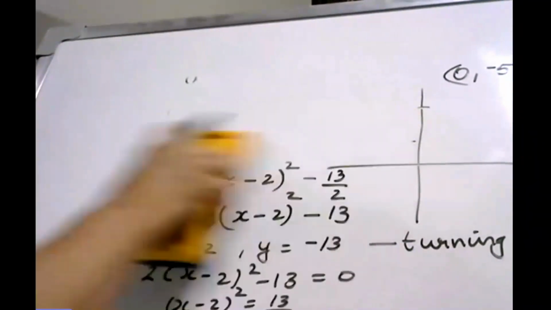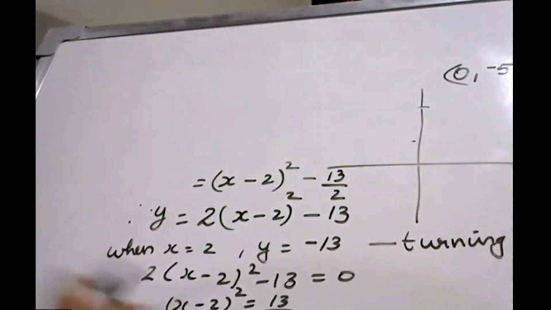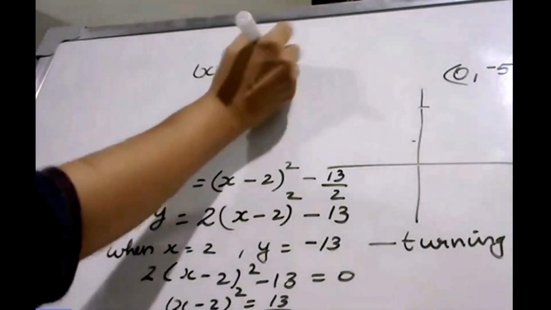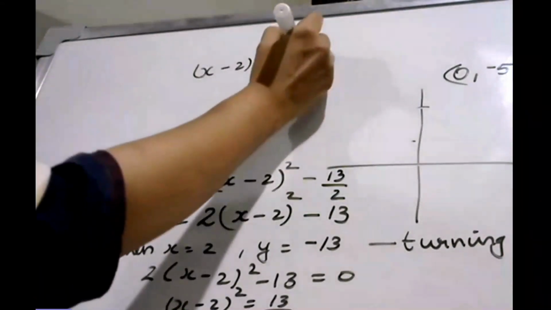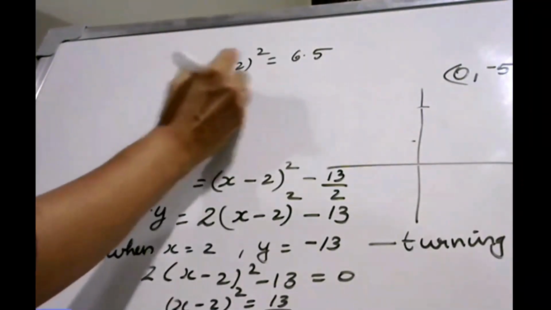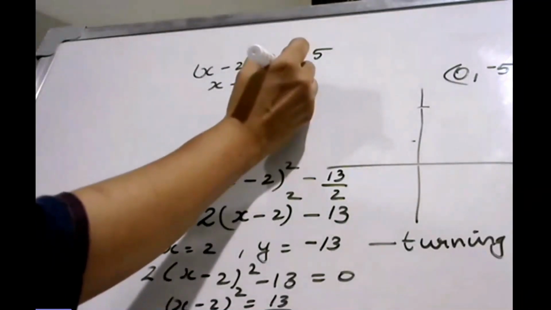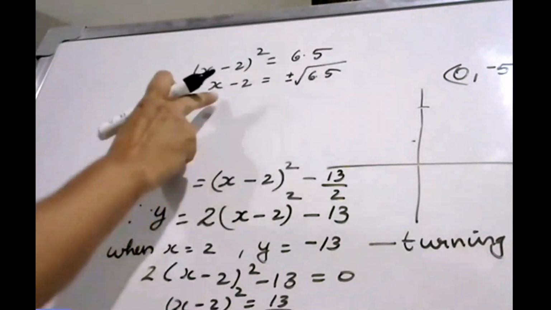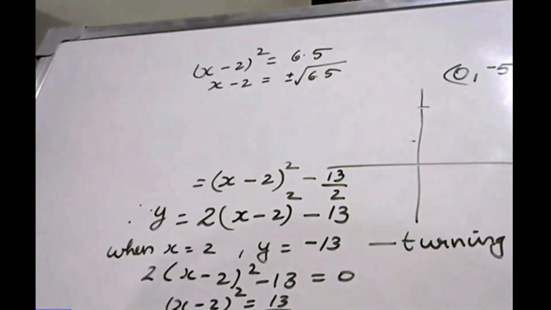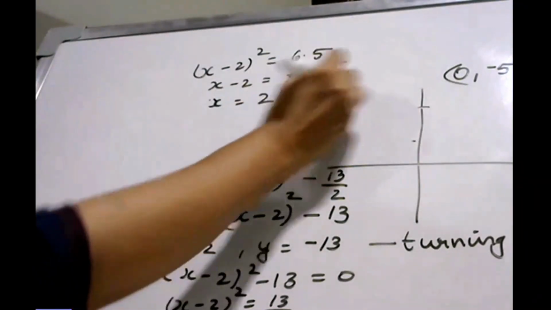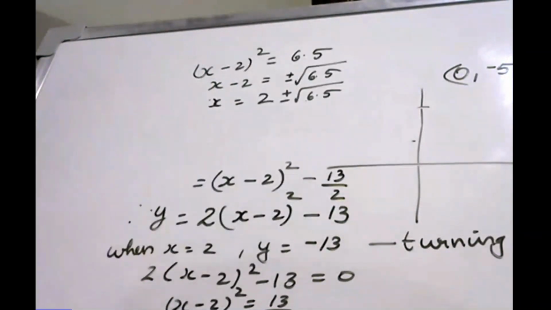Now we have to find the values of x. So x minus 2 the square is 13 over 2, which I may write as 6.5. So x minus 2 is equal to the negative and positive square roots of 6.5, taking the square roots on both sides. So x is equal to 2 plus or minus root 6.5.